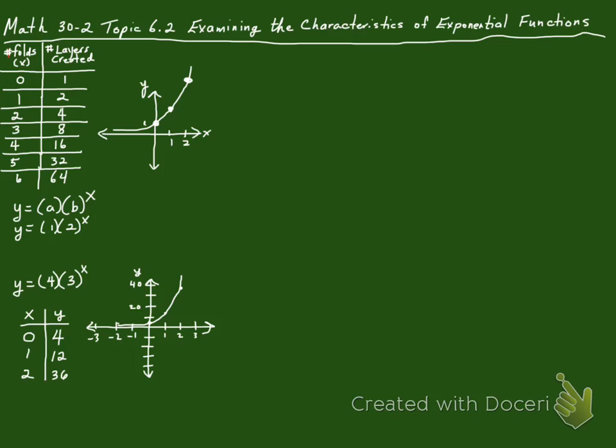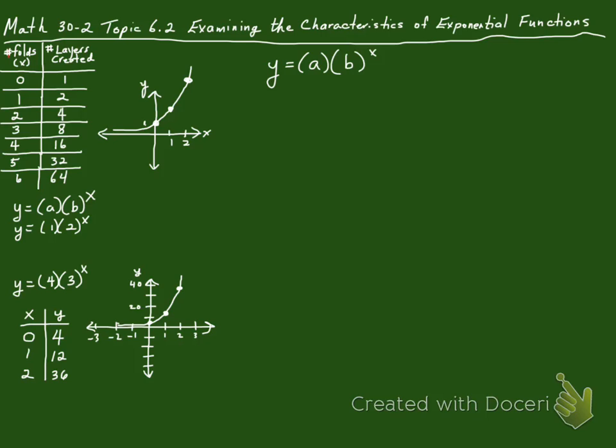Next, let's have a look at this. Notice that the y-intercept is at 4, and the first value is y equals 4 times 3 to the power of x. And in our first one, where we have y equals 1 times 2 to the power of x, our y-intercept is 1, and our first value was 1.